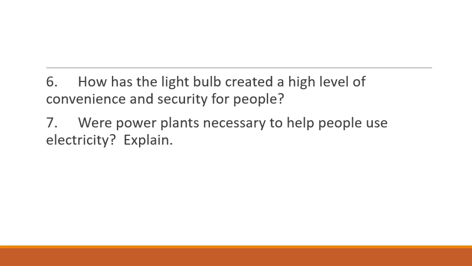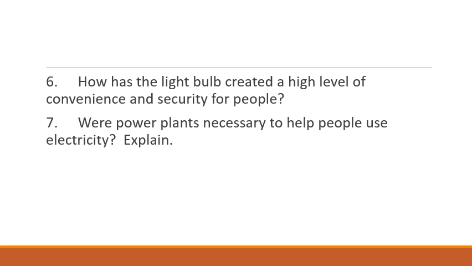And of course life would be convenient because many other devices, many other inventions were based on the main invention of the light bulb, like we talked about heaters, refrigerators, radios and TVs as devices which are used for entertaining people. So life has become more convenient, more suitable, more appropriate, and of course more safe, because of the invention of the light bulb and the spread of electricity to every house.